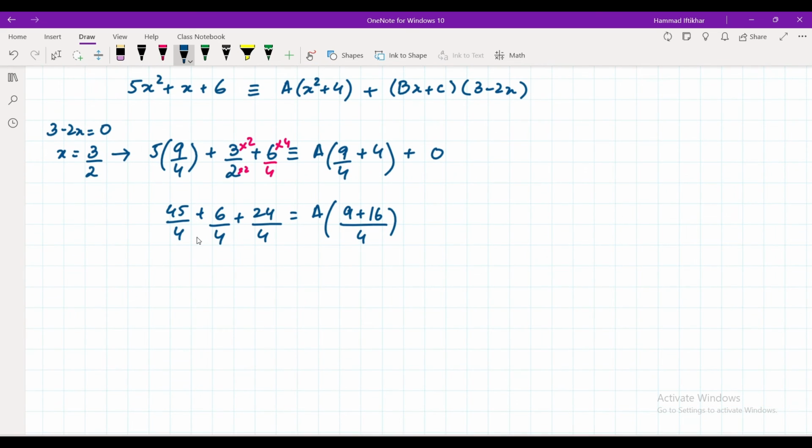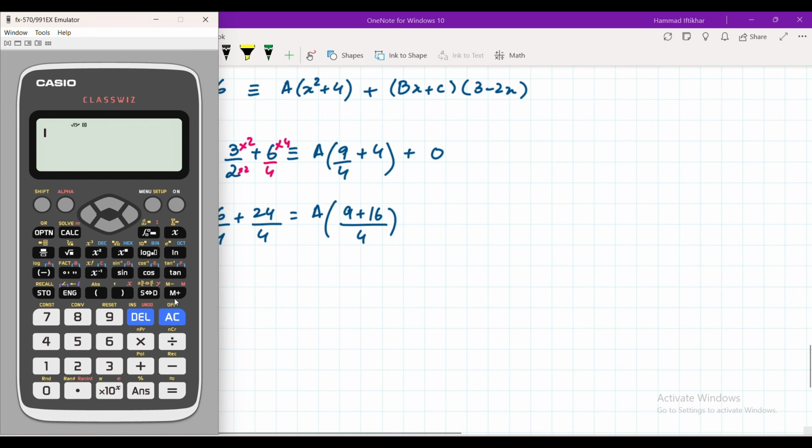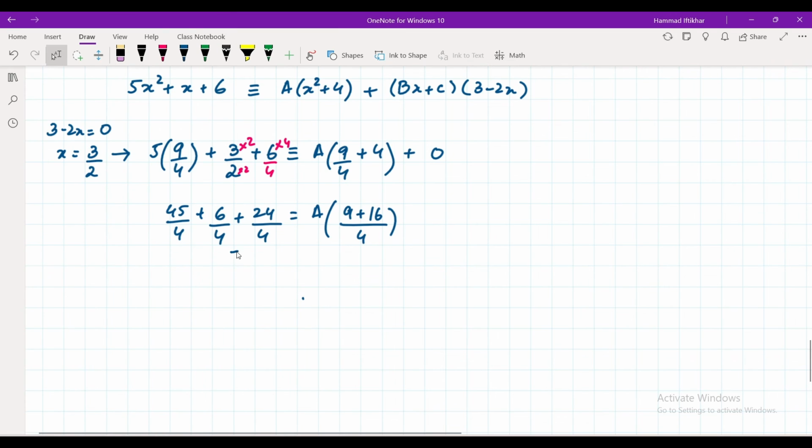Since the denominator is the same, 45 plus 6 plus 24, that is 75. And 16 plus 9 is 25 over 4. 4 and 4 cancel, so a would be 75 divided by 25, which would be just 3.